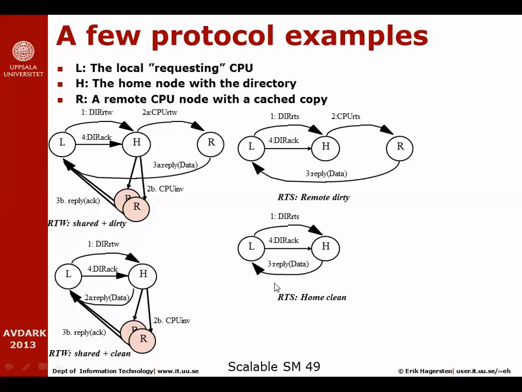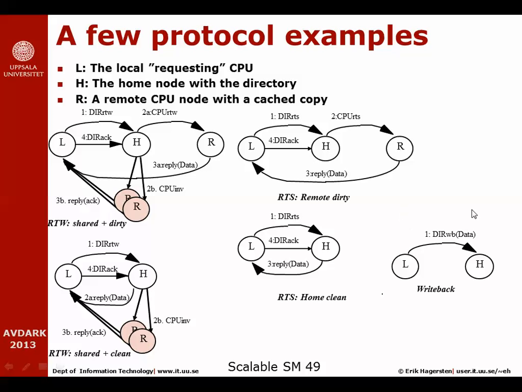So if it's home clean, then we need to send a directory request to the home node, and the home node will reply with the data, and the local node will send the acknowledge back to the home node. So it's always, start off with some kind of request, and the transactions always end with some kind of acknowledge being sent back to the home node.